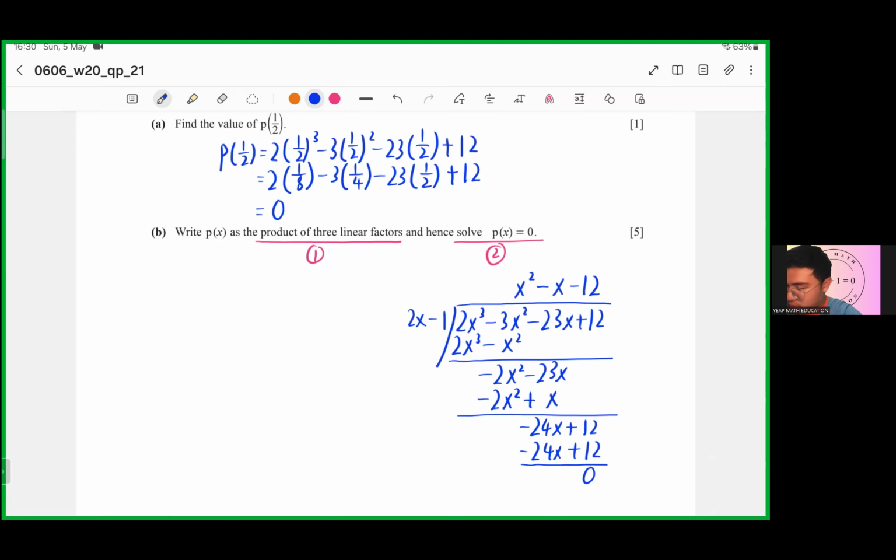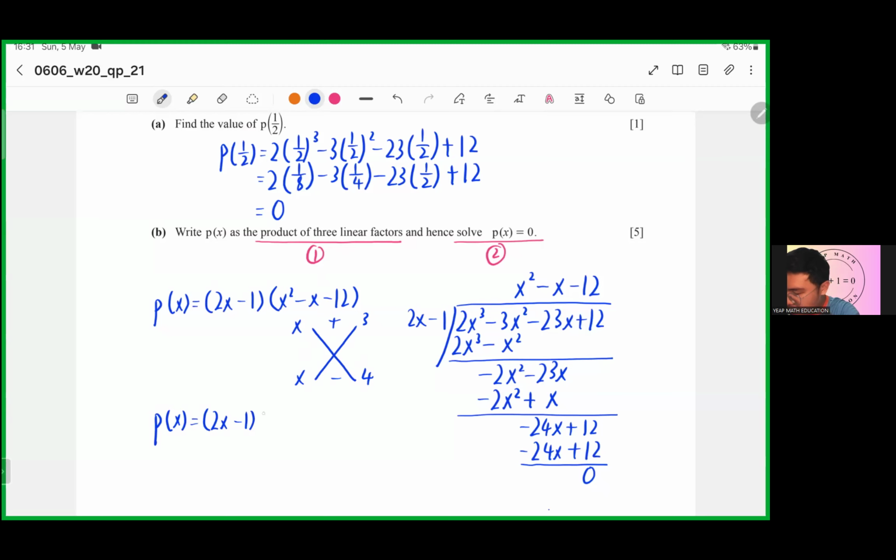So we continue. p(x) equals 2x minus 1 times x squared minus x minus 12. And then this quadratic factorizes, we can factorize with 3 and 4, a negative and a positive. So we get p(x) equals (2x minus 1)(x plus 3)(x minus 4).